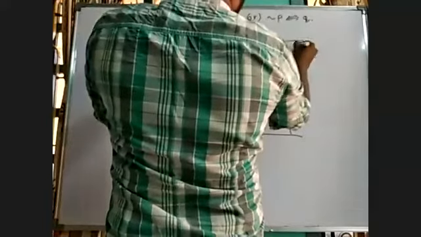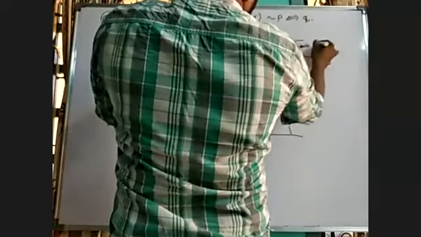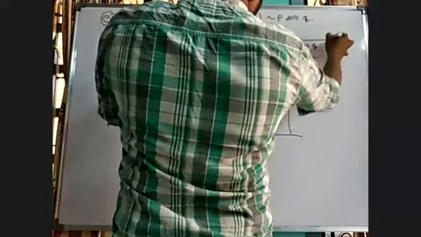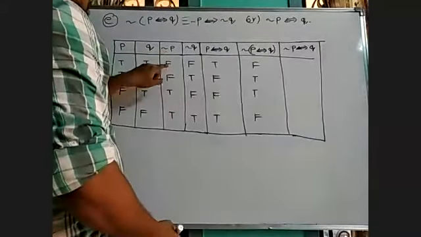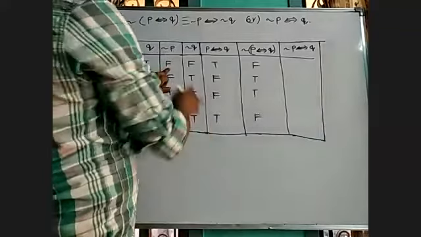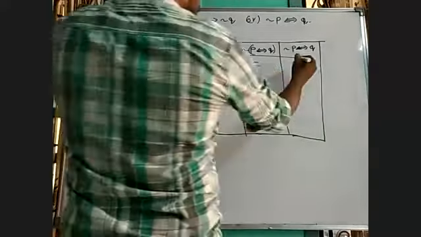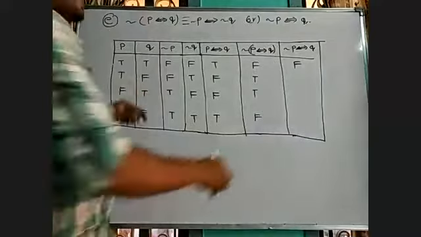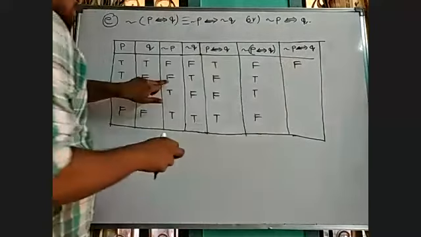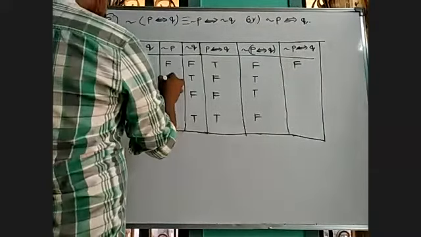Negation of P conditional to Q. Okay. Negation of P means what? False. False true is false. Okay. Next, see that negation of P false, negation of P false. This is also false.